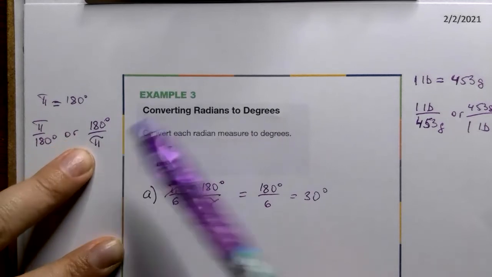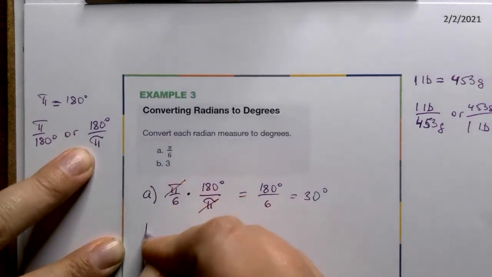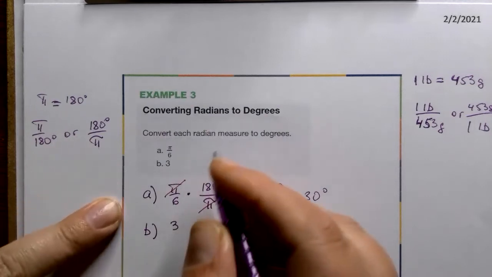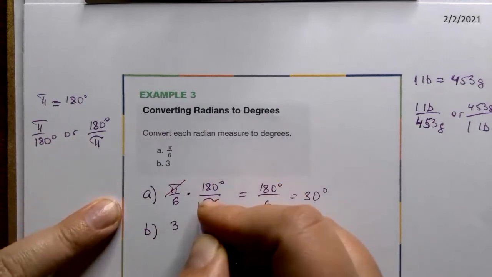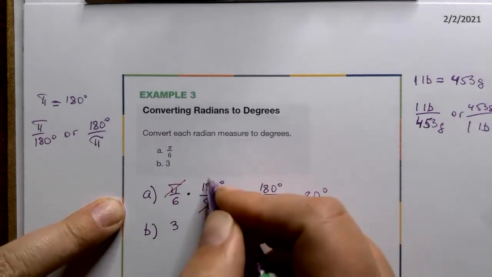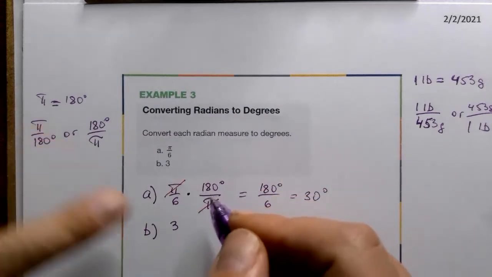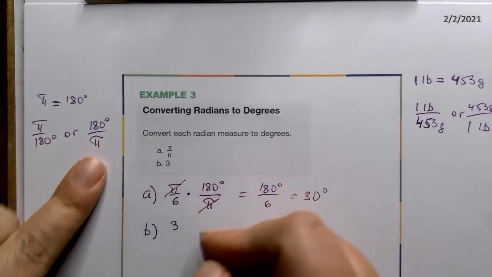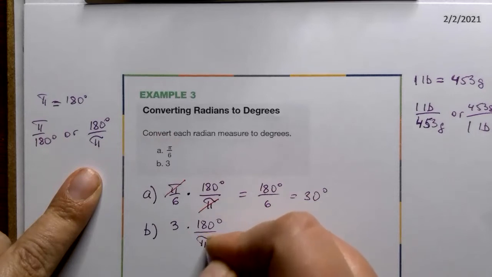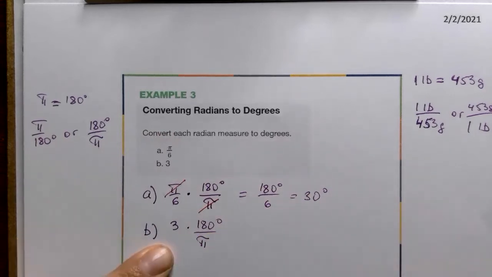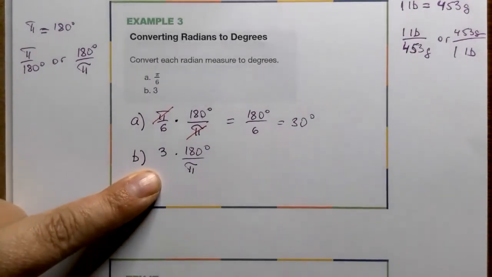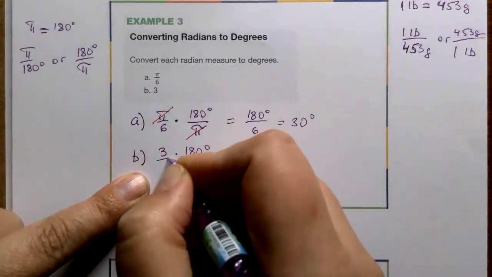180 divided by pi. For B, we don't have a pi. It's exactly 3 radians, so a little less than pi. But to convert to degrees, we're still going to multiply by the same unity fraction, 180 over pi. Now, remember, if we're multiplying fractions, we have to convert our 3 into a fraction.